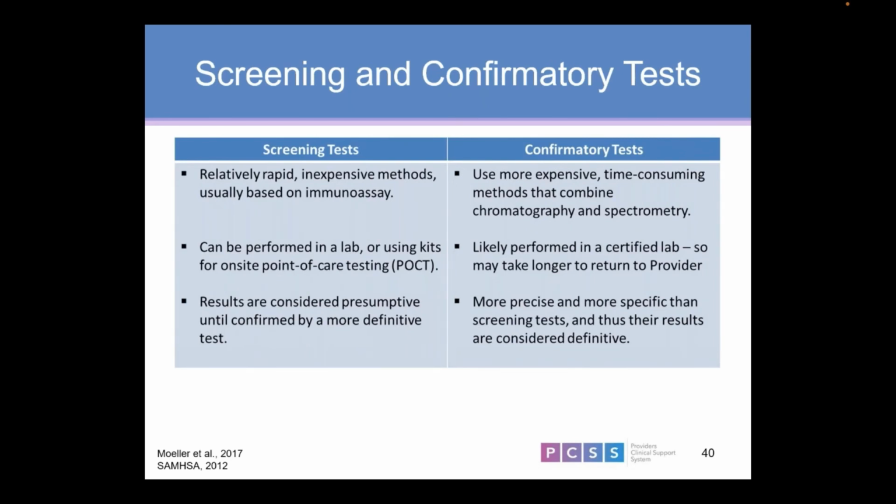We have screening tests that I mentioned. These are radioimmunoassays that we're looking at, and these are typically your cups and point of care testing, and they're not confirmatory tests. So we don't know what opioid it might be. There's less specificity to it. So that's when you go ahead and get confirmatory tests.